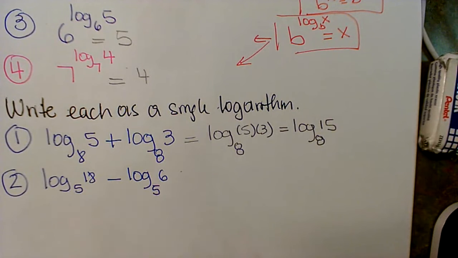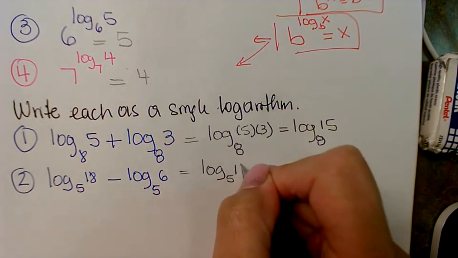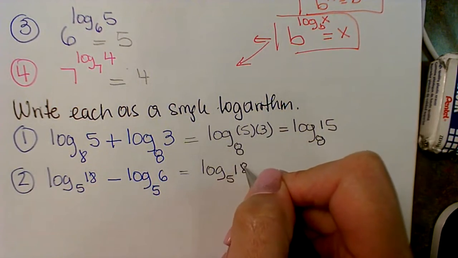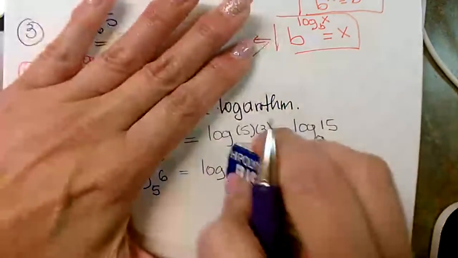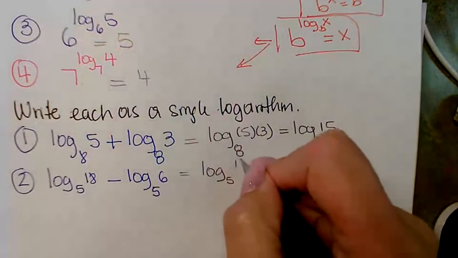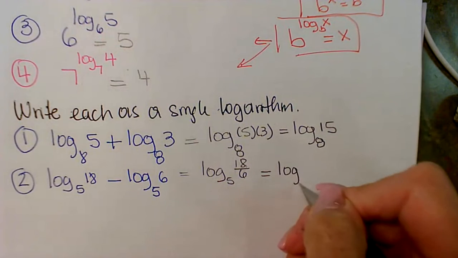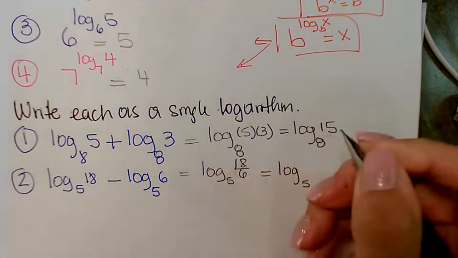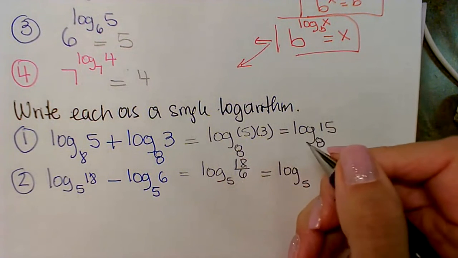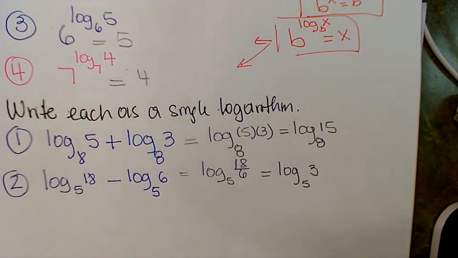So we are log base 5 of 18. What is it? 18 divided by 6. So log, that would be what? 2, right? No, 3, sorry. It's right here.